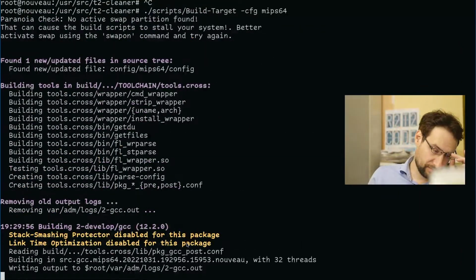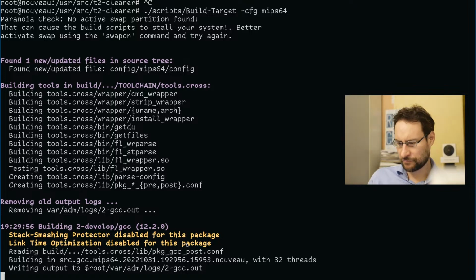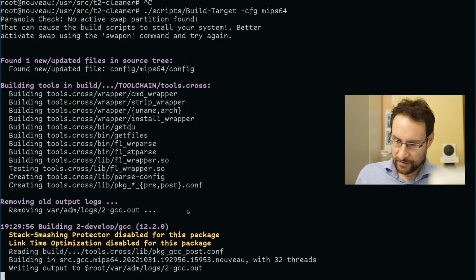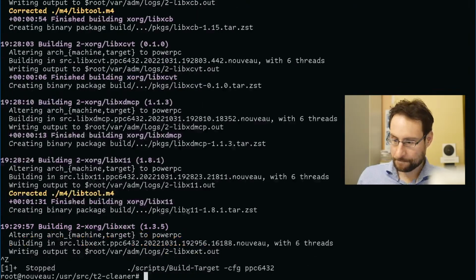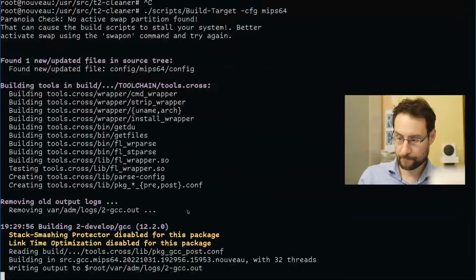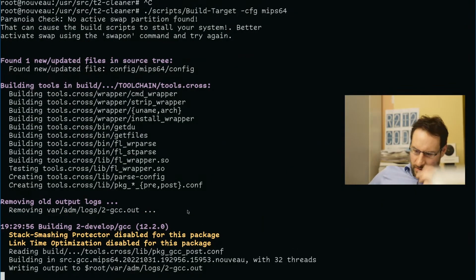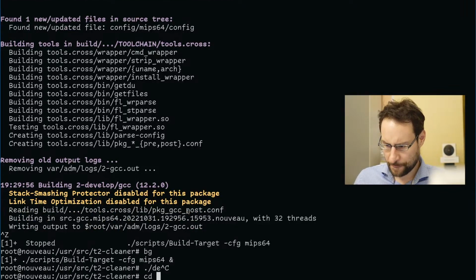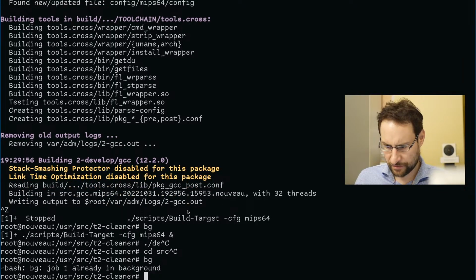Ironically, not constantly the most. Embarrassingly parallel linking there, with three minute final LTO times. I backgrounded that, right? Already in the background.